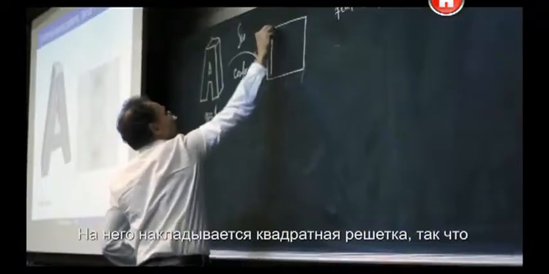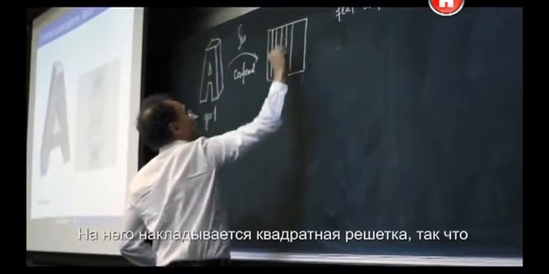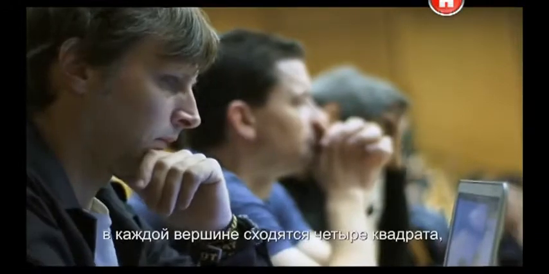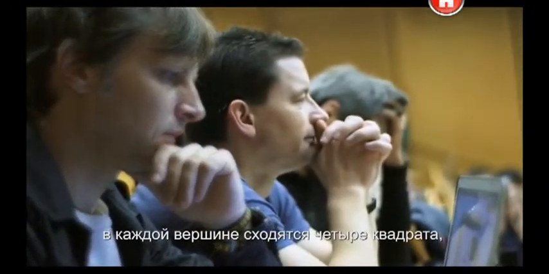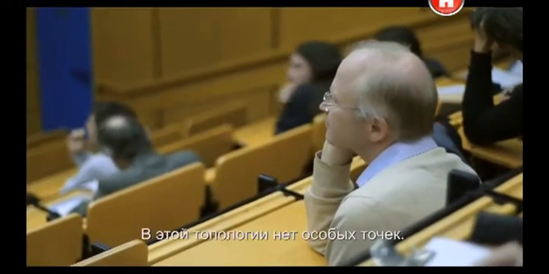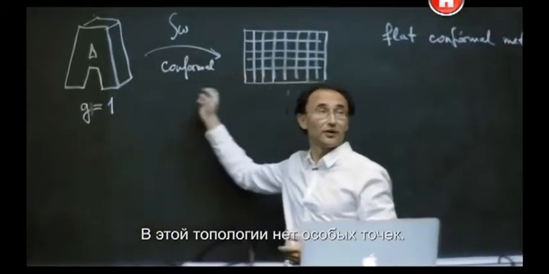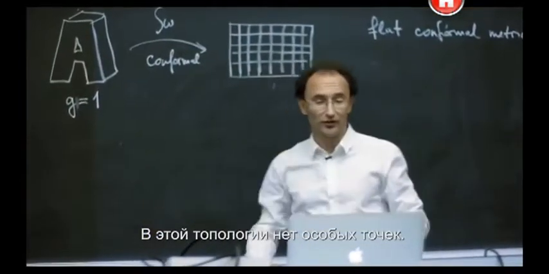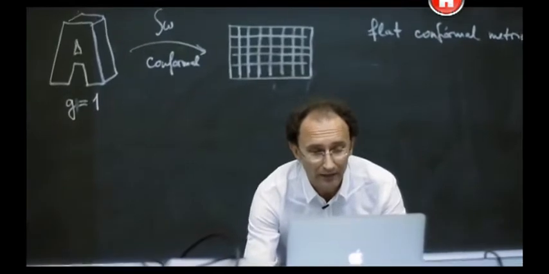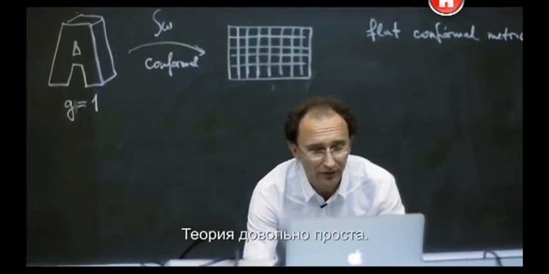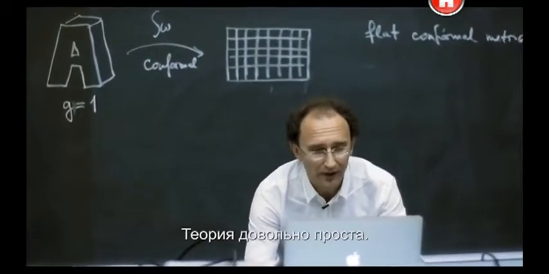You just put the square grid here, so at every vertex you have just 4 squares and they are glued together, and that's because of this topology. So I have explained here, you have no singular points at all. So the theory is rather simple.